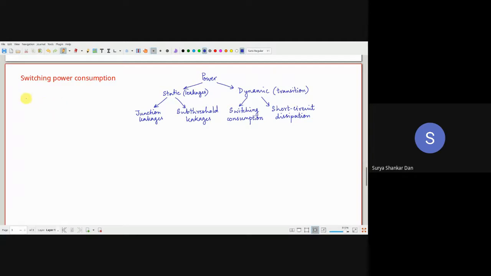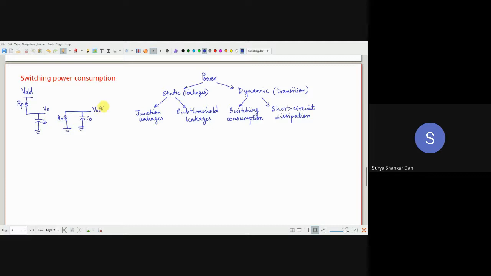So during the switching power consumption, we are essentially going to have two different scenarios. Number one, okay. Number two, okay.